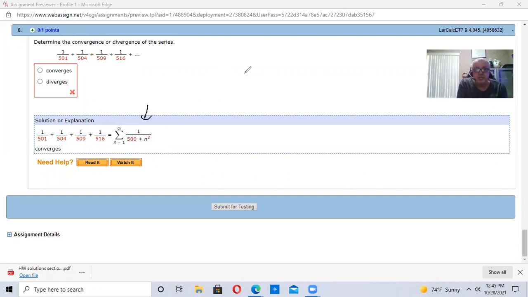But they show you this is the series 1 over 500 plus n squared. Do you see, if n is 1, 1 squared is 1. n is 2, 2 squared is 4. 500 plus 4 is 504. If n is 3, 3 squared is 9, so you get 509. This is the series we're looking at.